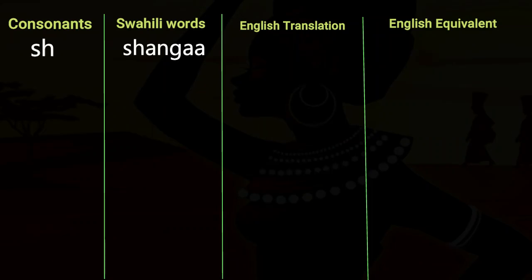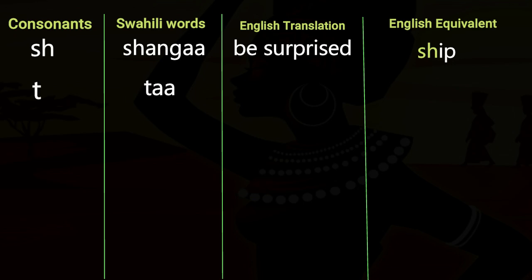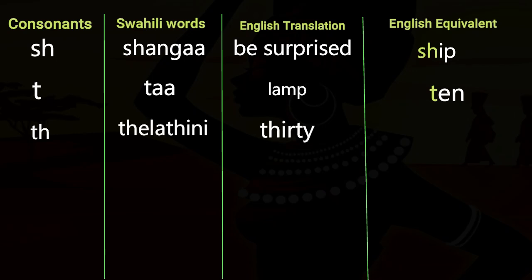Shanga, be surprised, as in sheep. Ta, lamp, as in 10. Thelathini, 30, as in think.